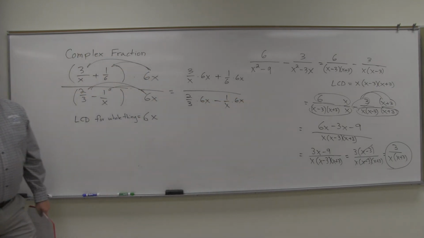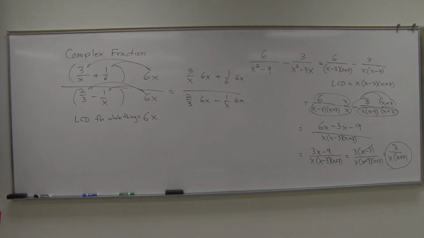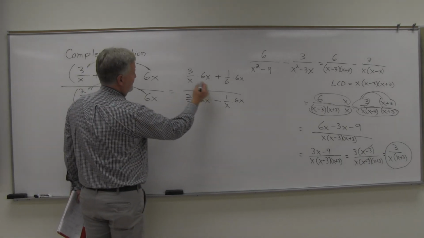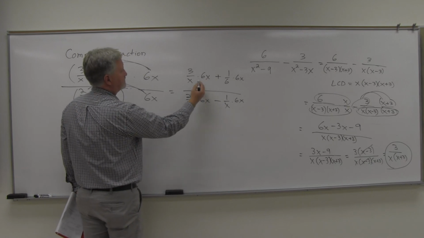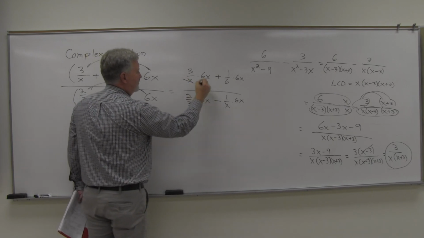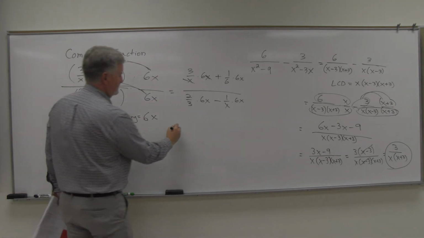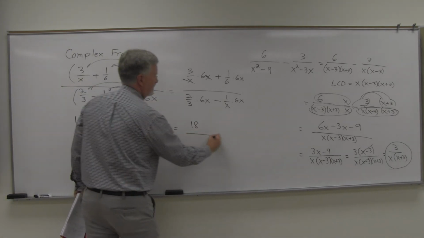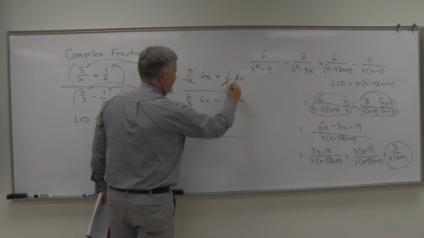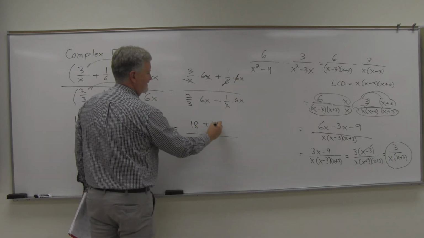Here's why this works out so very nicely. You see, what happens is a lot of canceling. Like here, that's 6, now it's 6x over 1. Yeah, you can cancel those x's out. And so you just have, for that one, 6 times 3, 18. These 6's cancel out there, and so you just have plus x.